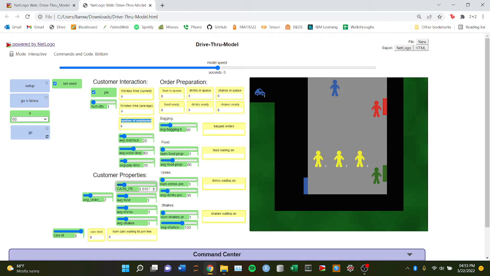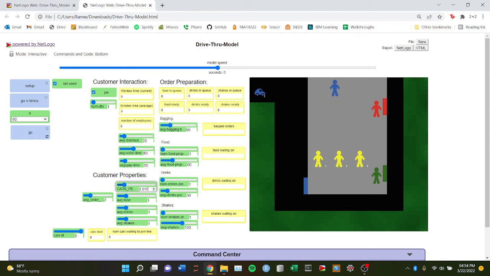That does not necessarily mean they'll join the line, because if the line is really long, they might say, actually, never mind, I'll eat at home. Right now the line is only 1 car long, so there's no need for that. So let's go just for 1 minute.